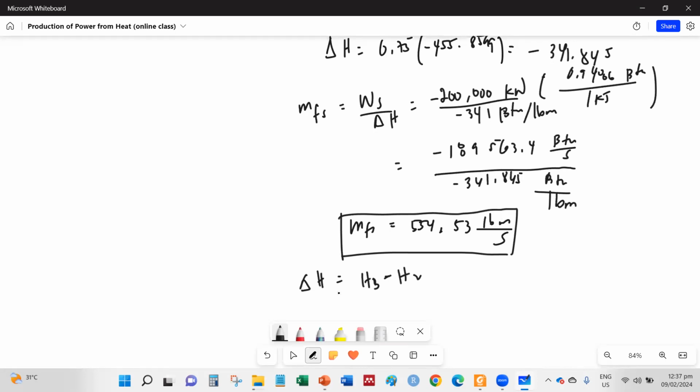So H3 is delta H plus H2, which is equal to negative 341.845, okay, plus H2, which is, what's our H2? 1.5. Sa steam table sa taas, sa pinakauna.